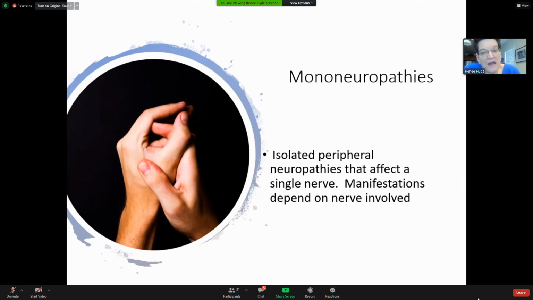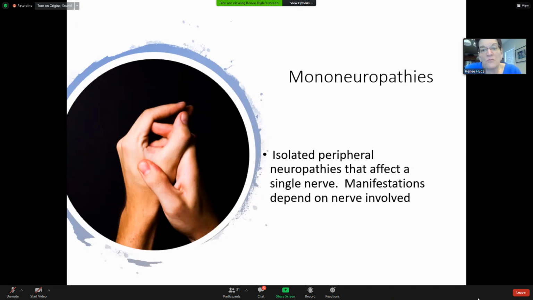And what they get is numbness and tingling in their fingers. And eventually they will get decreased function of the motor nerves in their fingers where they cannot hold objects like a cup or a spoon.